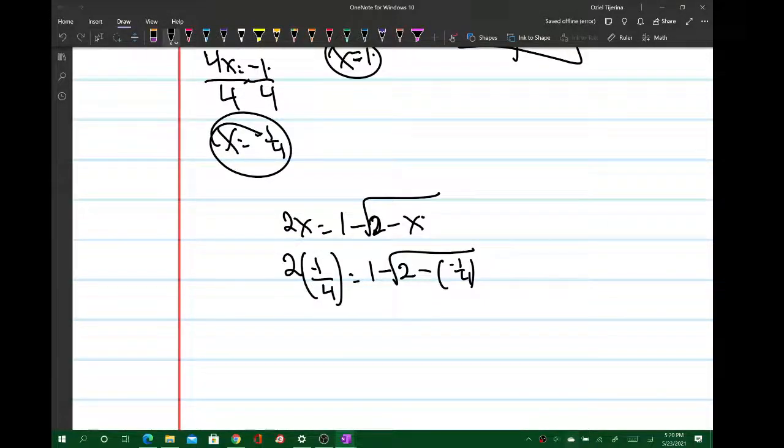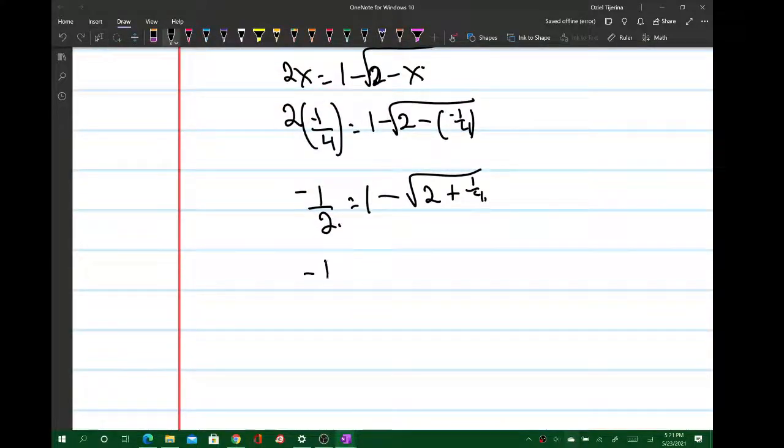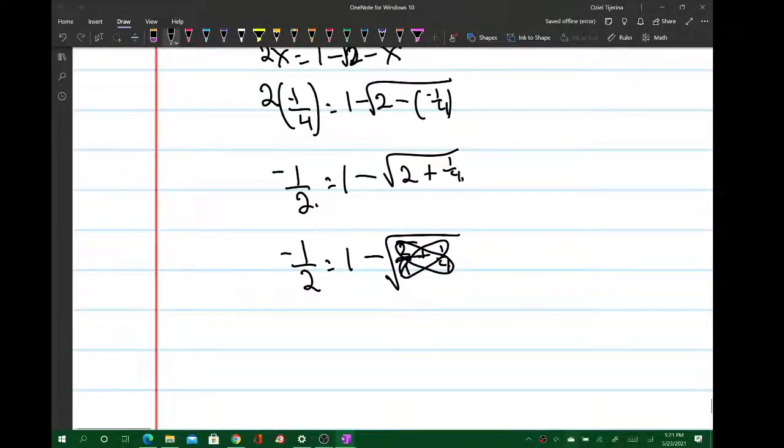So you have negative 2/4, and that is negative 1/2, equals 1 minus the square root of 2 plus 1/4. And the way that you would add these two, you would say 2 over 1 plus 1 over 4. You can use the cross multiplication method.